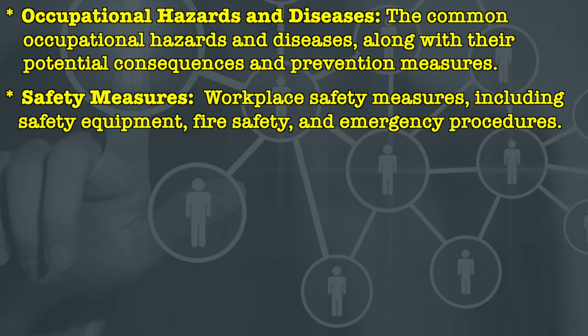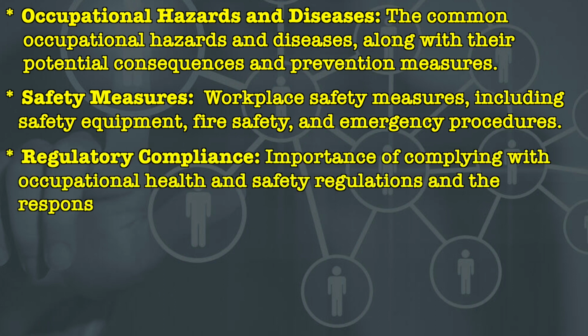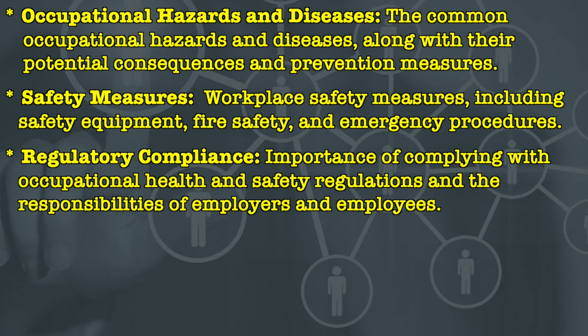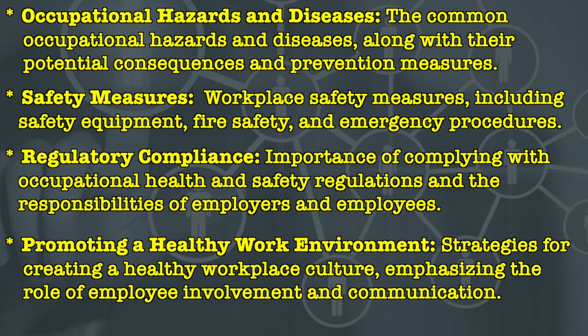Next, we discussed regulatory compliance, meaning the importance of complying with occupational health and safety regulations and the responsibilities of employees and employers. Promoting a healthy work environment, we also discussed, meaning strategies for creating a healthy workplace culture, emphasizing the role of employee involvement and communication.